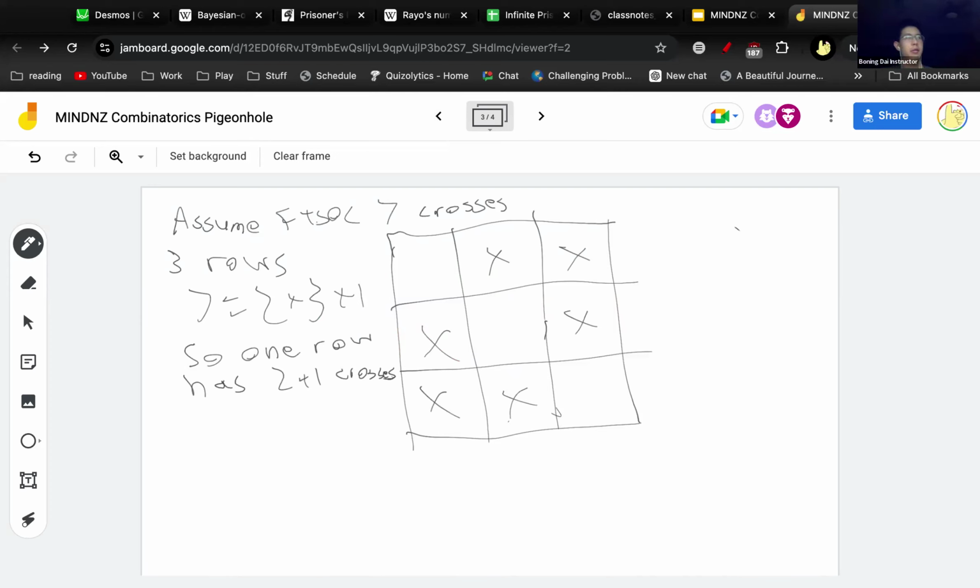By our construction. So what we're doing is we're proving that we can't have 7 crosses by assuming that we have 7 crosses. And then after we assume that we have 7 crosses, we show that it results in a contradiction. So when you want to prove that something is not true, most of the time, that's when you use proof by contradiction. Okay, let's do the next problem now.